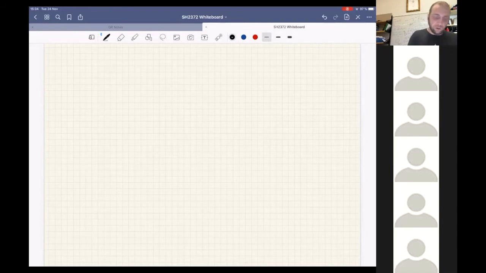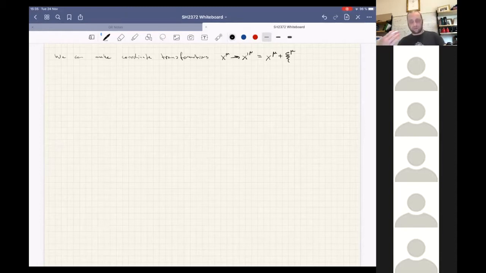So we can make coordinate transformations, and they're essentially given by vector fields. So x prime mu is the original coordinates plus the components of some vector field psi.